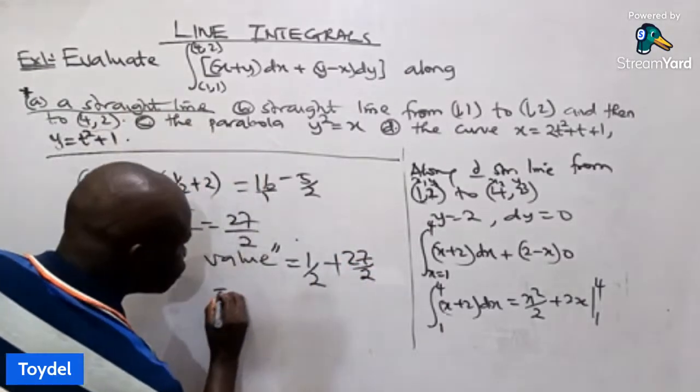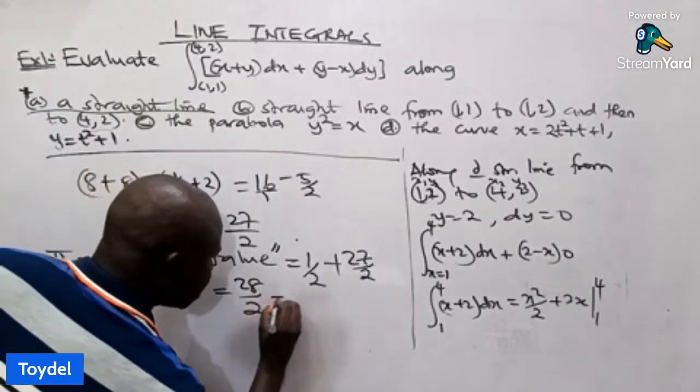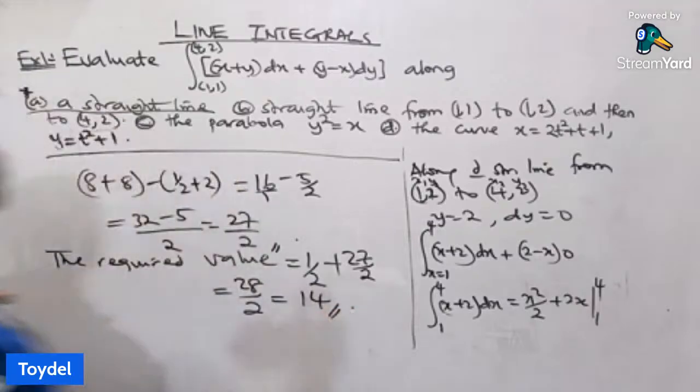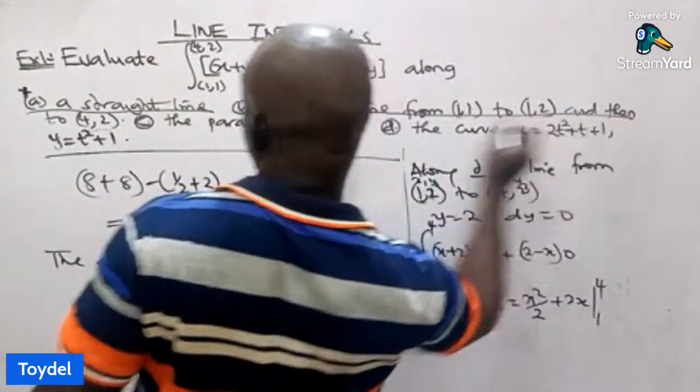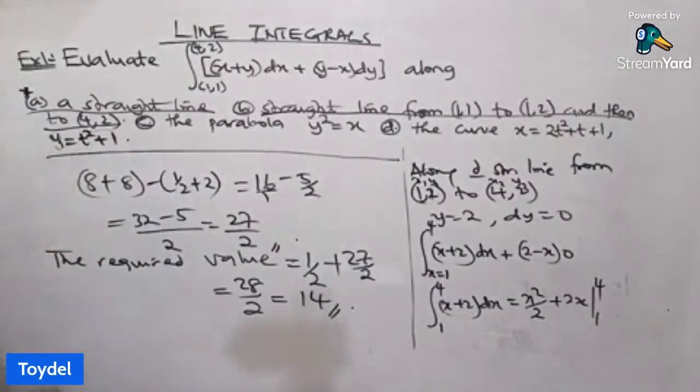If you add the two together, we have 28 over 2, and the final answer will be 14. So if we evaluate this line integral along the straight line from (1,1) to (1,2) and then to (4,2), the value will be 14. We have been able to take care of the second one.